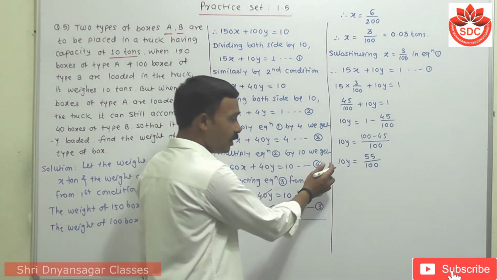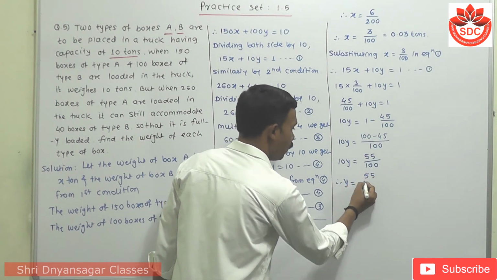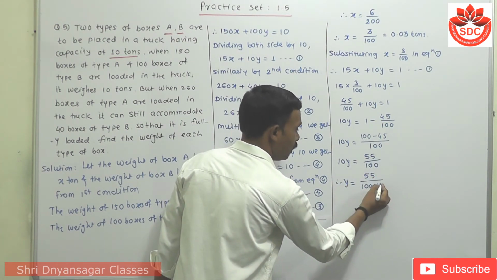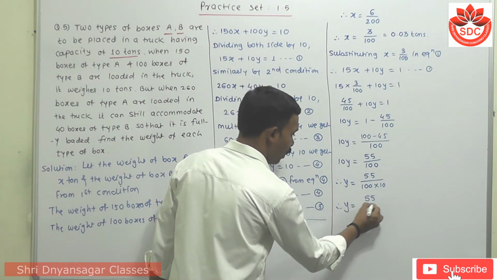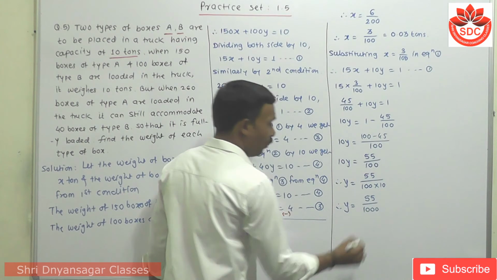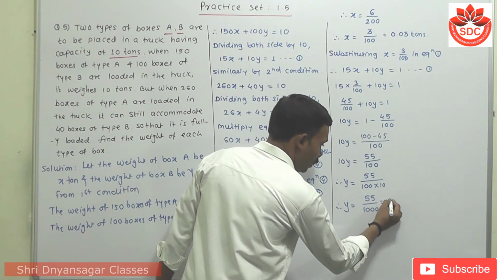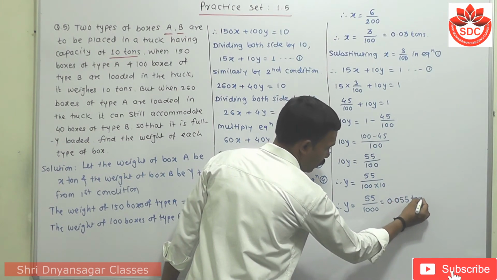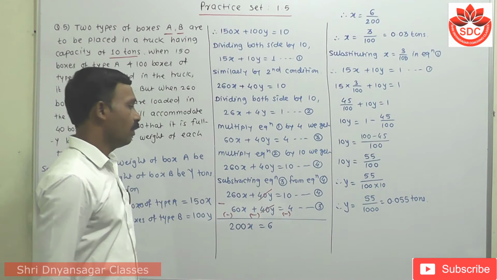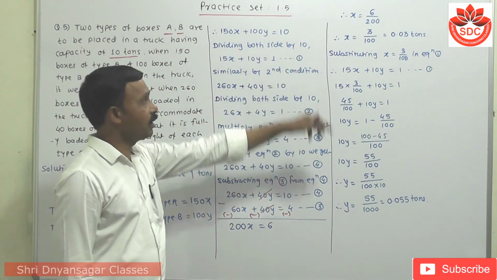Now again this 10 goes to the denominator, so that y is equals to 55 upon 100 into 10. Meaning that the value of y is equals to 55 upon 1000. When we divide it by 1000, we get 0.055 tons.